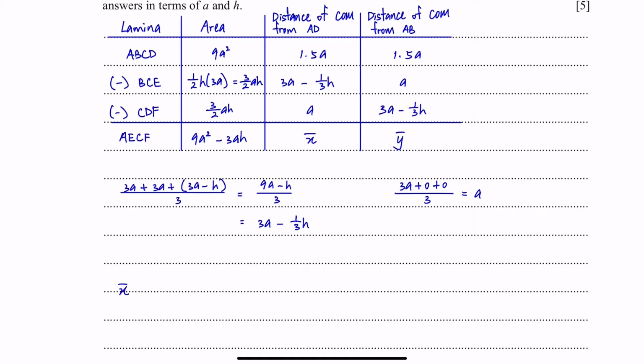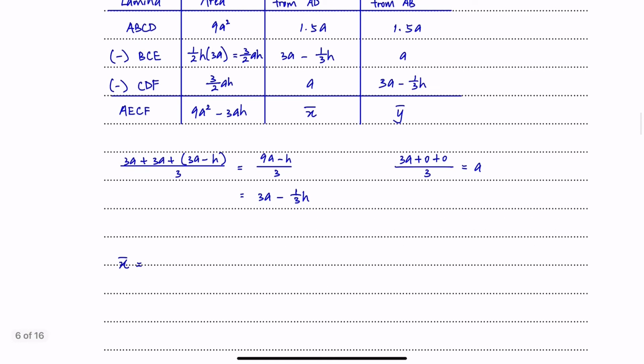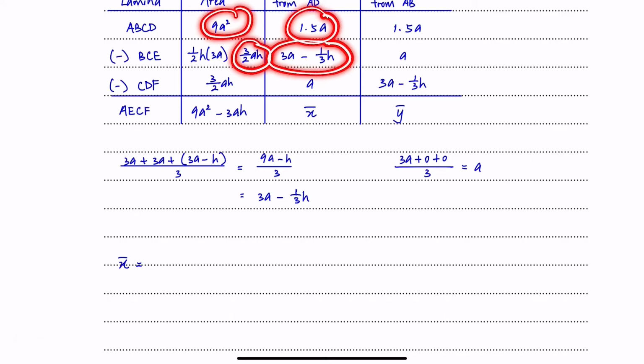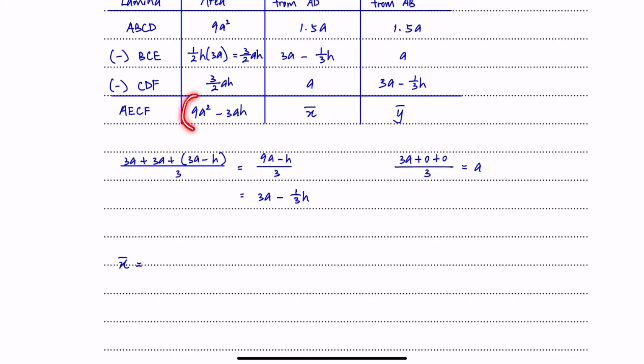For X bar, we multiply this, minus the multiplication of this, minus multiplication of this, and we divide the whole thing by the area of AECF.